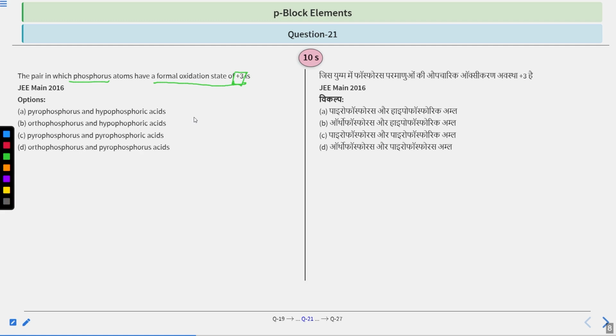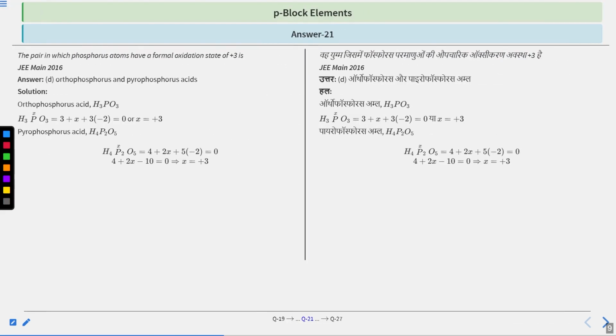After that, we will see the correct answer. Let's see. The correct answer is option D, that is orthophosphorus and pyrophosphorus acid.